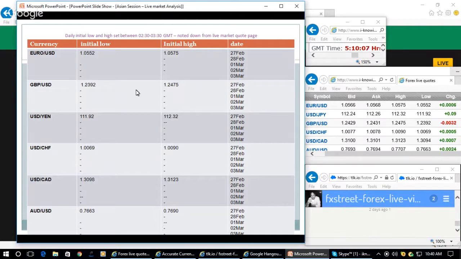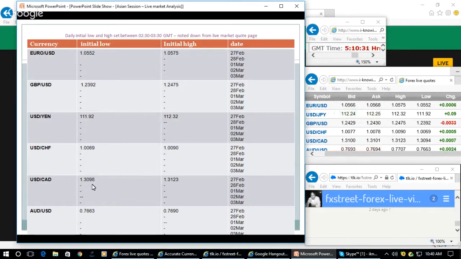They have not breached the low or the high. Then in the case of yen, 111.92 is the low, 112.32 is the high. Now it is closer to the high, but still they have not breached it. And in the case of CHF, 1.0069 is the low, 1.0090 is the high. They have not breached the low or the high.